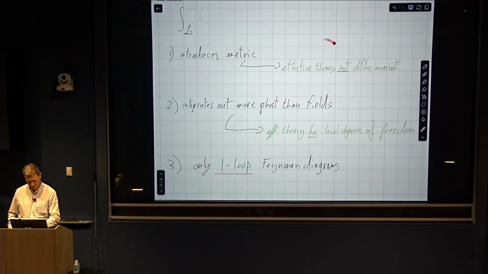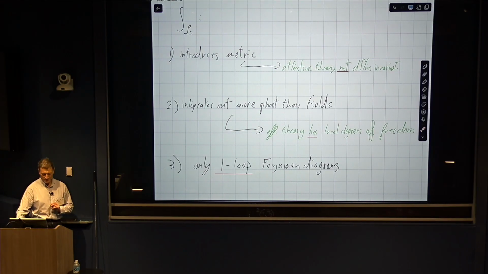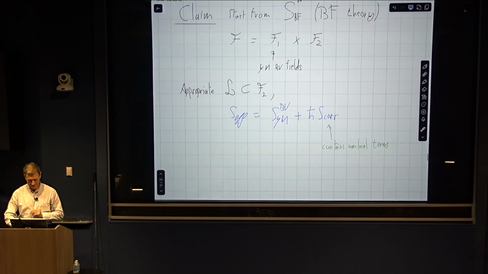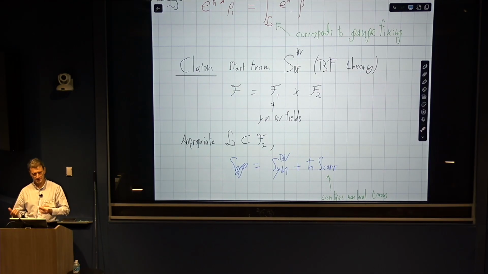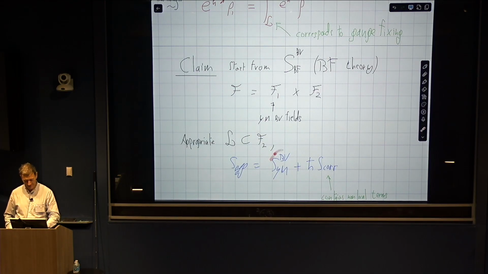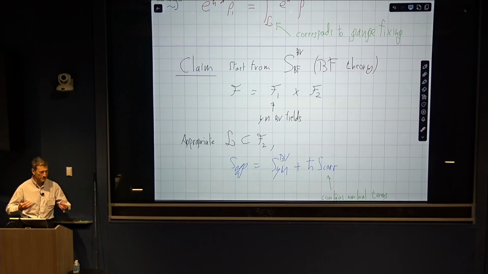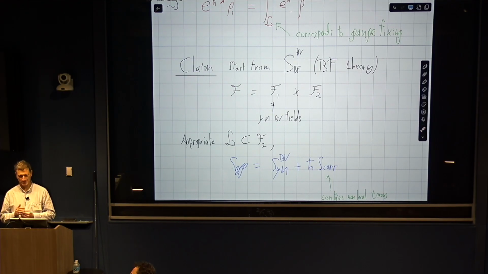So let me mention what happens in this integration. The first observation: you might be puzzled in the sense that BF theory is a topological theory, which means that it's invariant under diffeomorphism and there are no local degrees of freedom, whereas Yang-Mills theory is a physical theory depending on the metric, not invariant under diffeomorphism, and with local degrees of freedom, actually the two polarizations of, like, the photons.